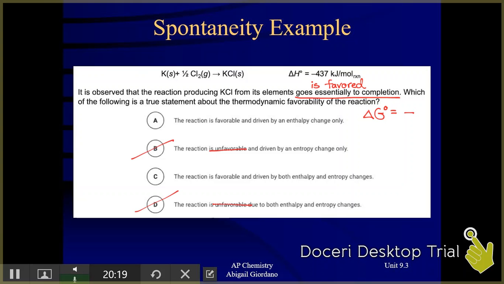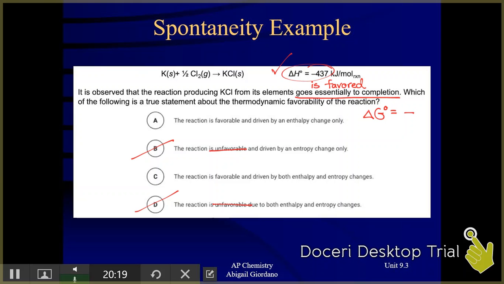This reaction is favorable. But then, to distinguish between A and C, is it driven by the enthalpy change only, or is that favorability driven by both the enthalpy and the entropy? Okay, well, let's think about that chart we were just looking at. A negative delta H, exothermic, likely to be favored.